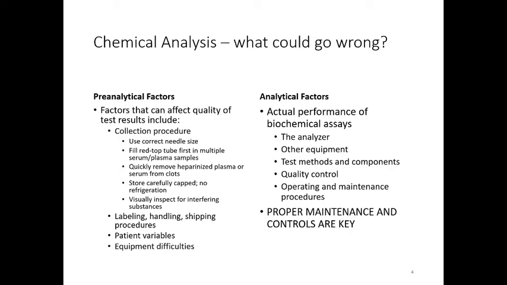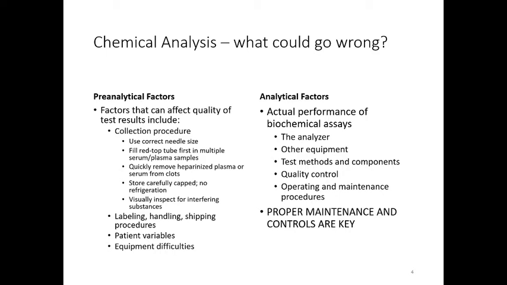Our collection procedure: if we are not using the largest needle possible to get the sample, we end up creating more damage to the cells than is necessary. When we are collecting samples for a number of different tests, we're often going to be collecting in a number of different tubes.